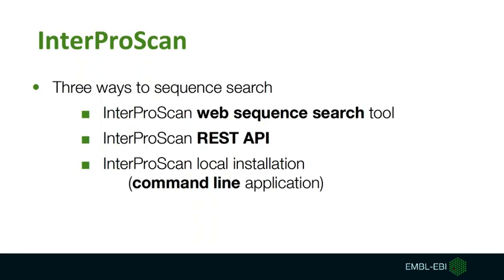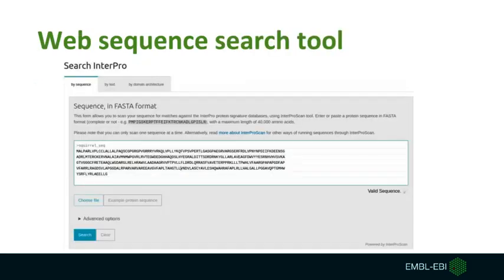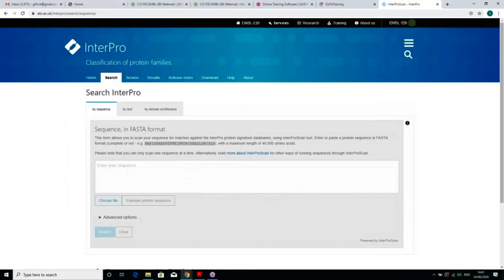So I will first quickly go through how you can use the web sequence tool. Basically, if you go to the website, it will give you a box in which you can copy and paste your sequence.